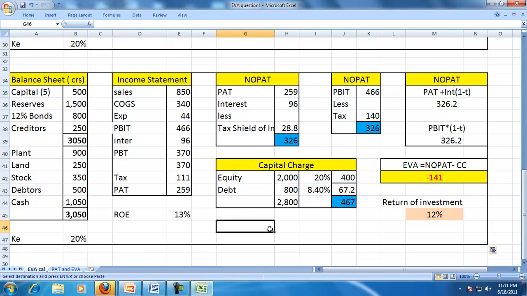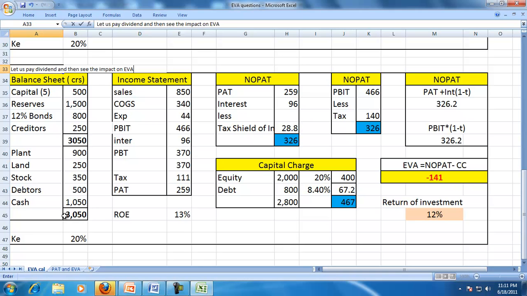So why not use that cash? So that means I'm saying let us pay dividend and then see the impact on EVA. How much dividend can you pay? You have reserves of 1500. If you want, you can pay the entire reserves as a dividend.